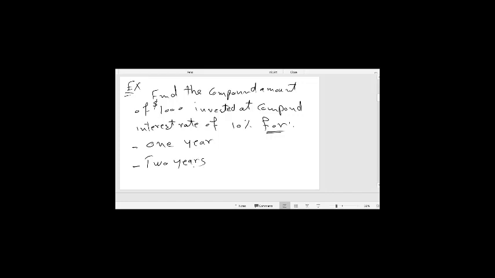Okay, so all we have from this example is that the compound interest rate is a yearly rate at 10%, and we have P, compound or present value, equal $1,000, and the required here is the accumulated amount or S. So find the compound amount S is required.